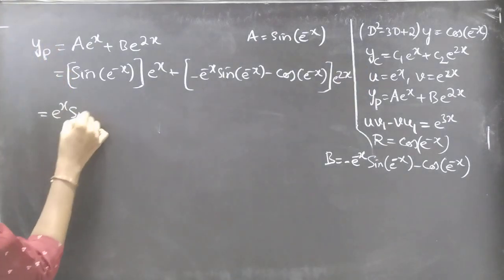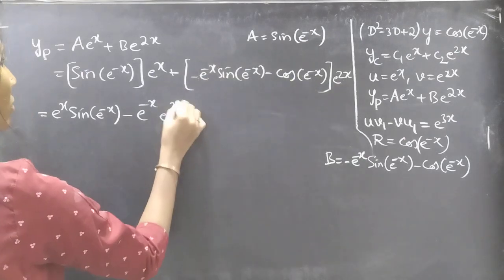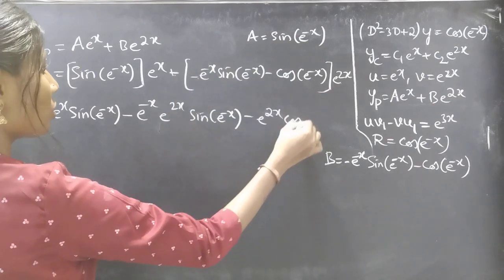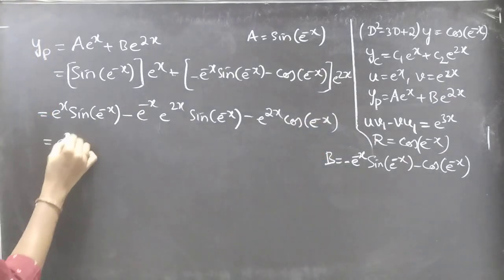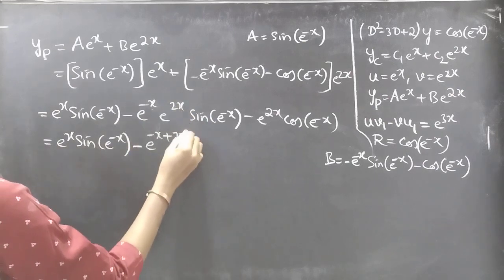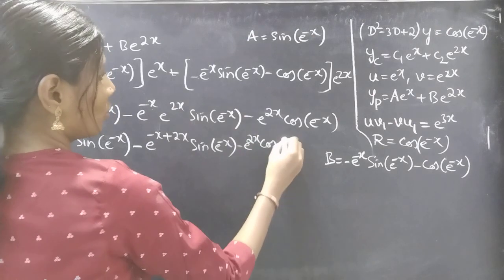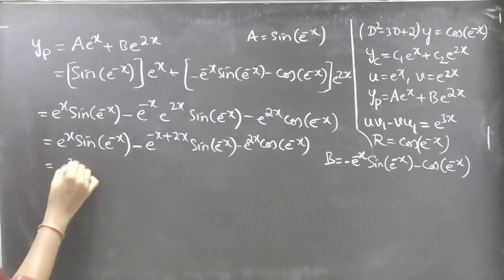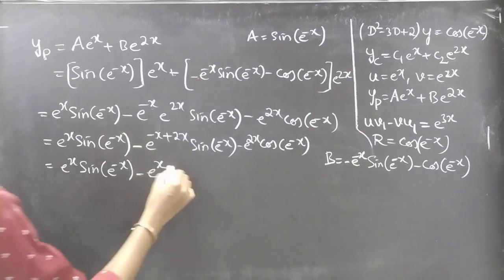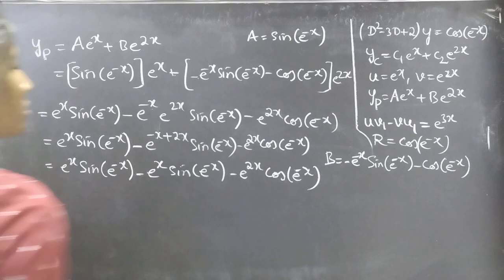This equals e power x sine of e power minus x, minus e power minus x plus 2x, which is e power x, into sine of e power minus x, minus e power 2x into cos of e power minus x.